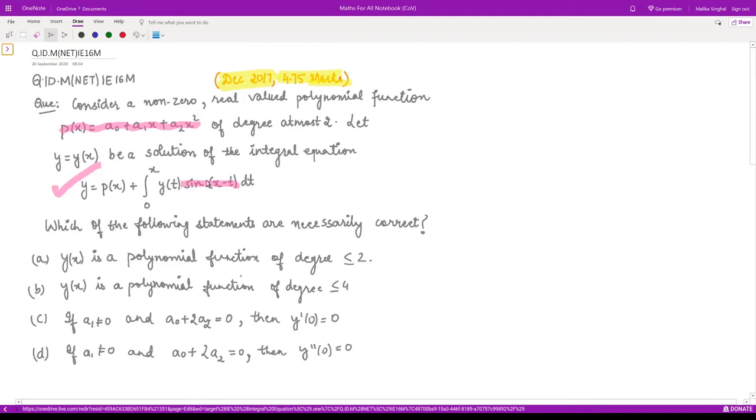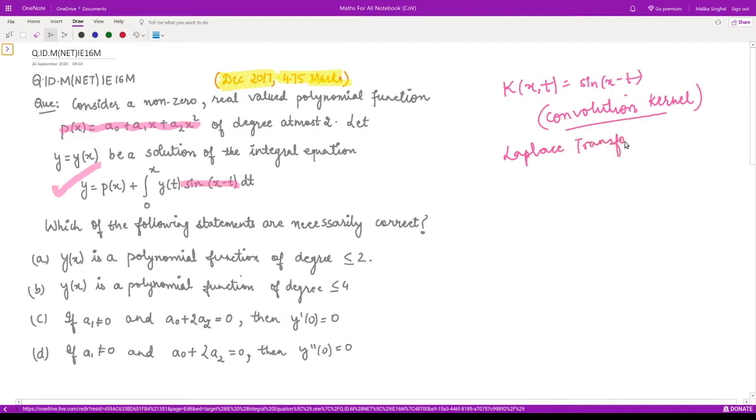Clearly the kernel K of x, t is equal to sine of x minus t, so this is the convolution type of kernel. We know how to solve these kinds of equations. The simplest way is using the Laplace transform.